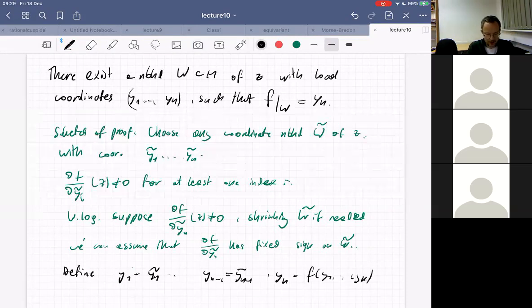In these coordinates, the function f is equal to yn. And this gives you a local diffeomorphism that changes one coordinate system to the other. So if you shrink w tilde to w, this is a local diffeomorphism on some w containing z.